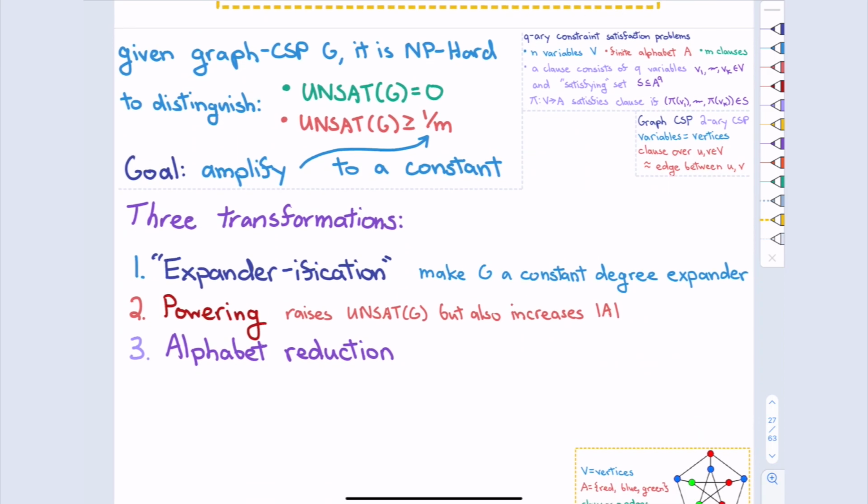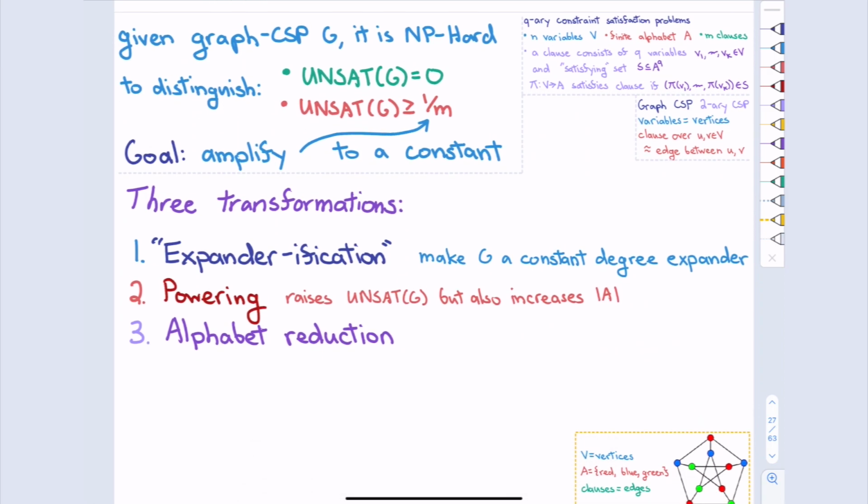The overall structure of the proof is that we know that getting a 1/m kind of approximation, knowing whether it's completely satisfiable or if a 1/m fraction is unsatisfiable, is already NP-hard because 1/m was the minimum non-zero value. The goal was to gradually transform that graph CSP into more layered or redundant CSPs, so that the minimum unsat value goes up and up and up.